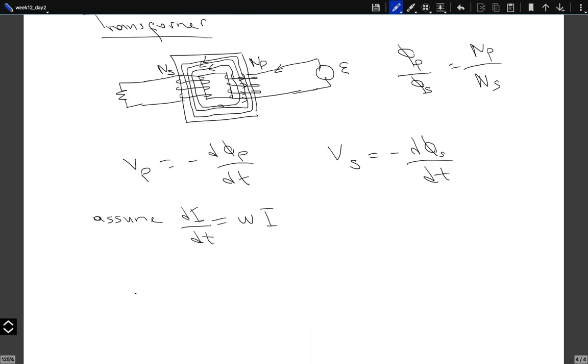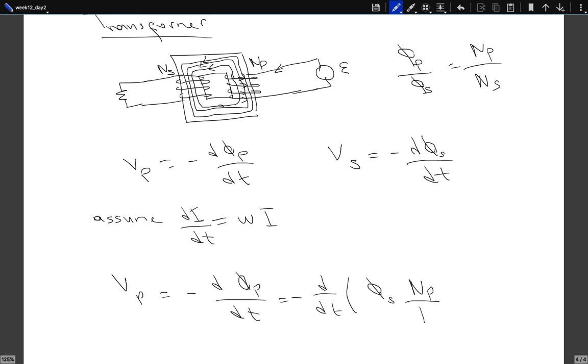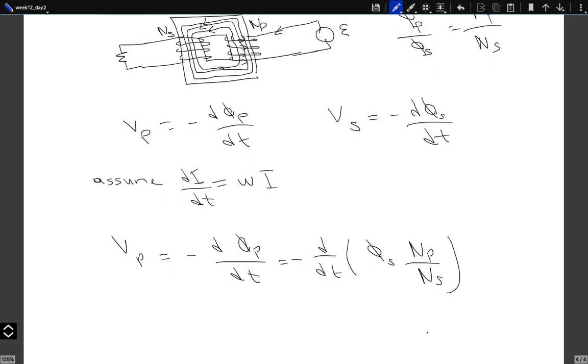Or let's say, even without that, Vp is minus d phi p by dt, which is minus d by dt of phi s times np by ns. I just use that relation over there, the relation between the fluxes. Well, np and ns are just constants.